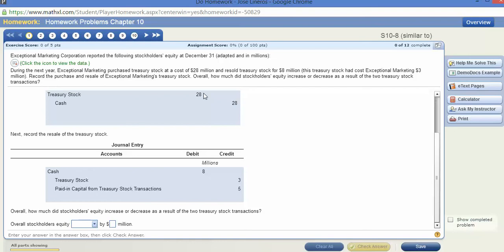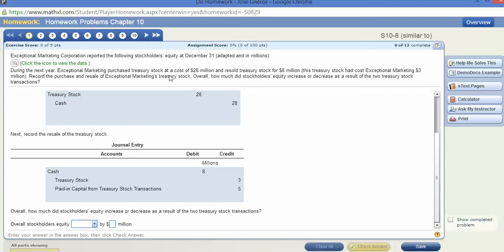So we know it lowers it by 28 million, but you float back out. This decreases stockholders' equity. These two are going to increase stockholders' equity. This treasury stock transaction is going to increase it by 3. And then the other one here, paid-in capital from treasury stock transactions, also increases stockholders' equity.